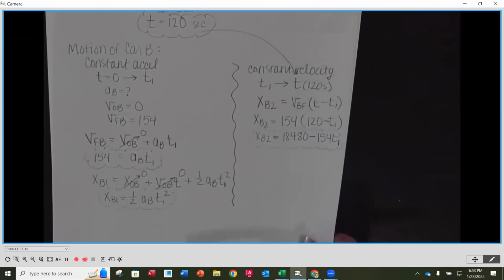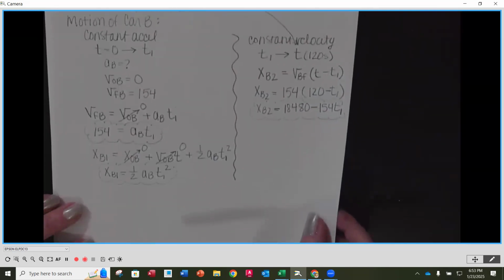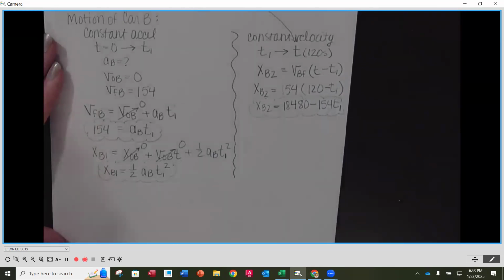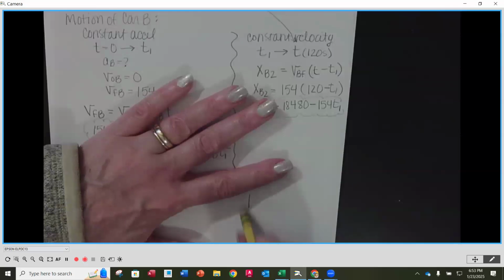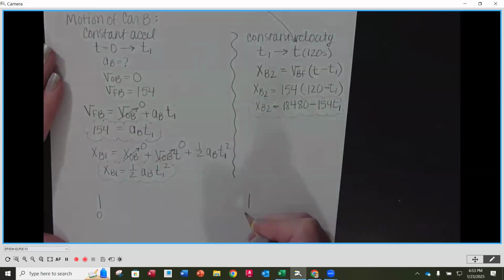Now, as we look here, I just want to remind us what we have. I'm going to put this up here. We have our origin where we started. At the end here, we have the 3 miles, which is equal to 15,840 feet.